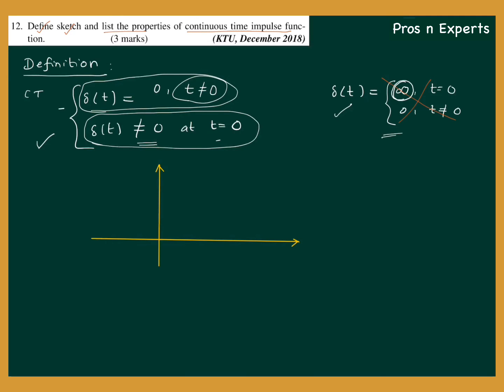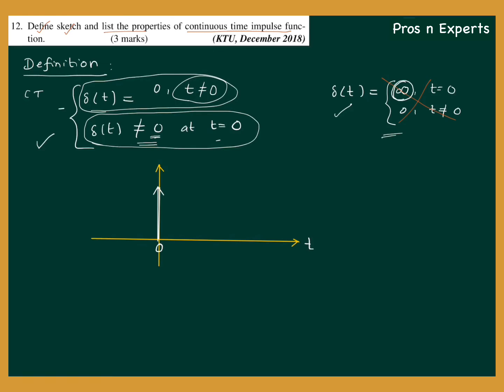So del of t is equal to 0 for all t not equal to 0. This is t equal to 0, and del of t is not equal to 0 at t equal to 0. So at t equal to 0, what you have to draw is a very big amplitude.